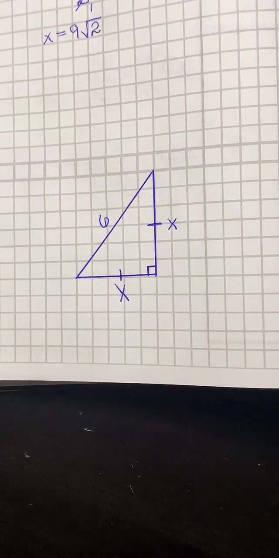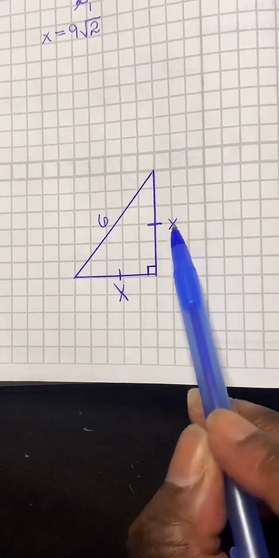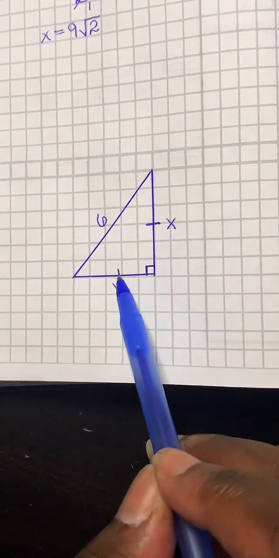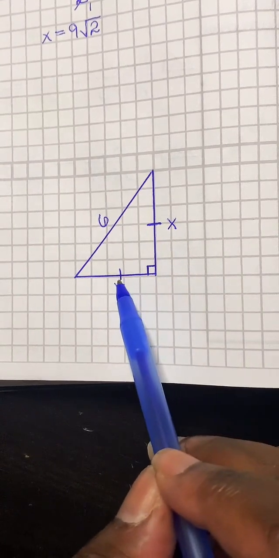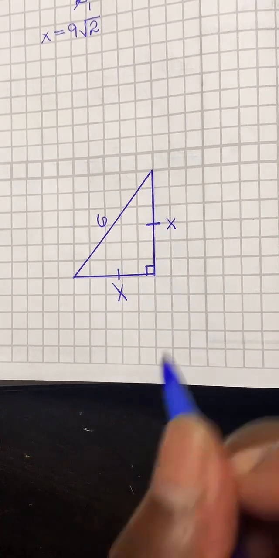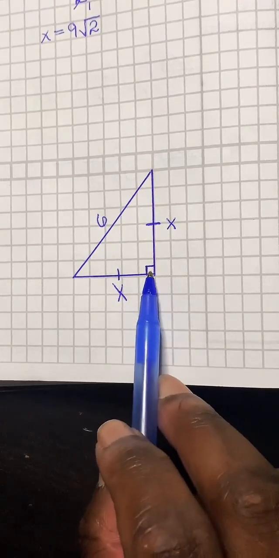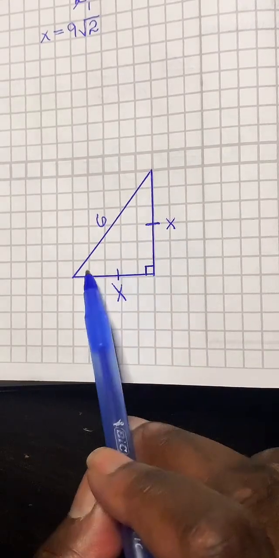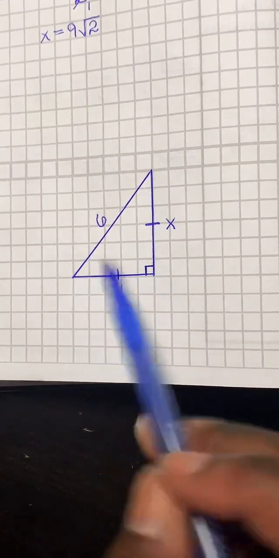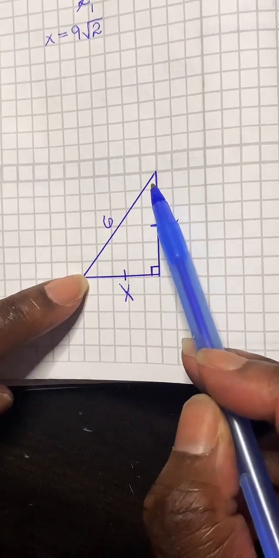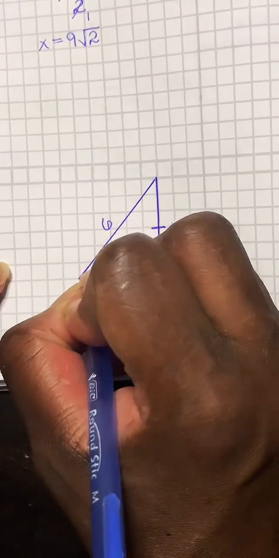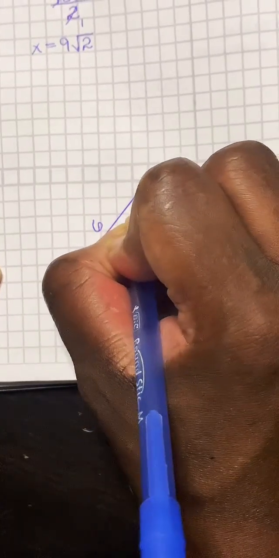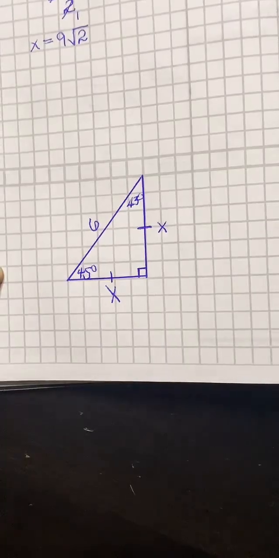All right. So they gave us 2 sides with the same tick marks, indicating that these 2 sides are the same. Since I have a 90-degree angle, the other 2 angles have to sum to 90, and the only way for them to have the same base angles is for them to be 45 degree angles.